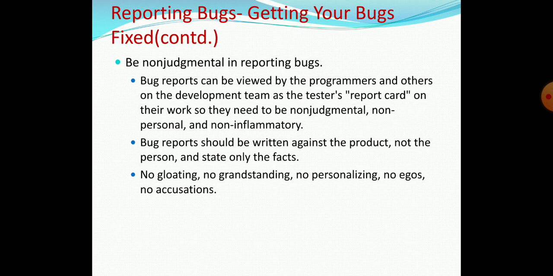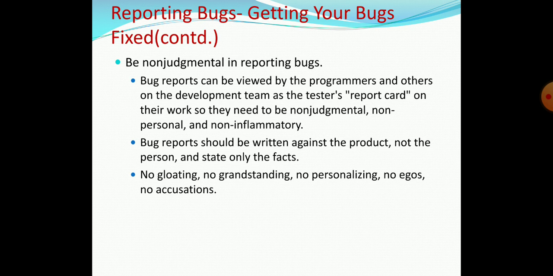Okay, so maybe in the first case, one friend of yours is there in the development team and you are finding a very severe bug, but at the time of filing that bug you give it a lower priority or low severity, so it should not be personal.